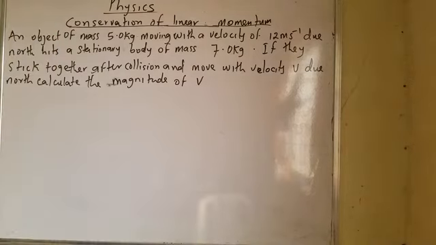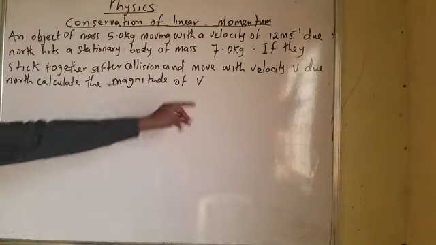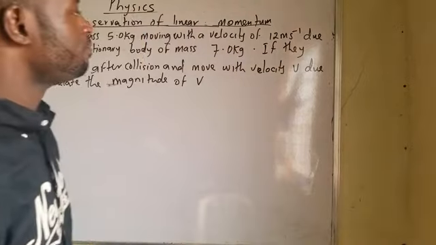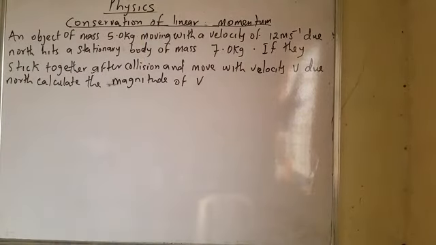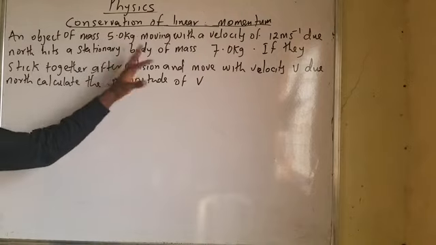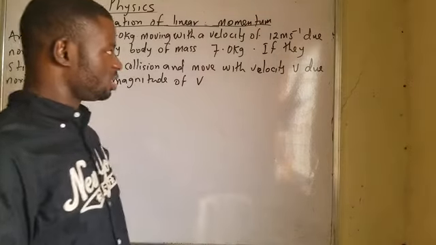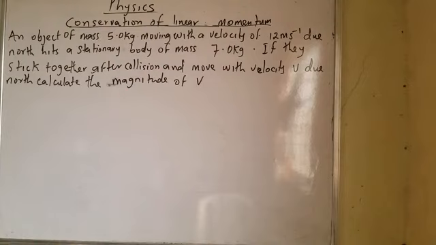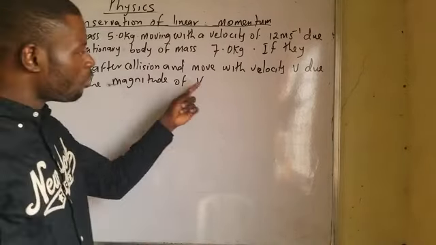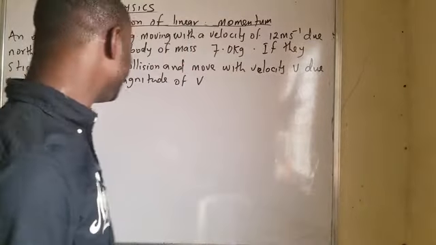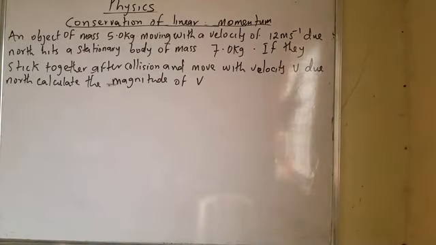An object of mass 5 kg moves with a velocity of 12 meters per second due north. It hits a stationary body of mass 7 kg. If they stick together after collision and move with velocity v due north, calculate the magnitude of v.